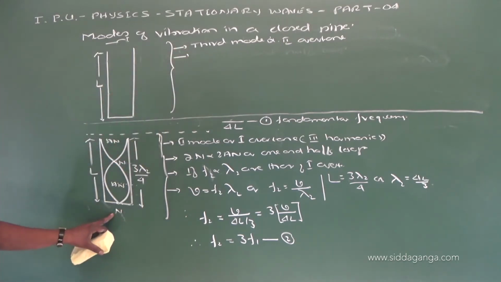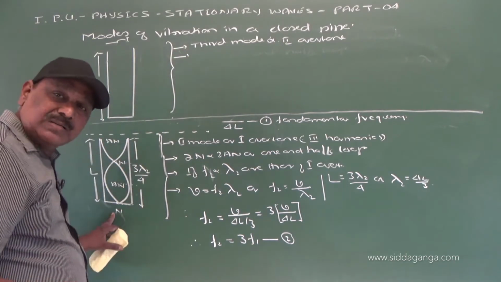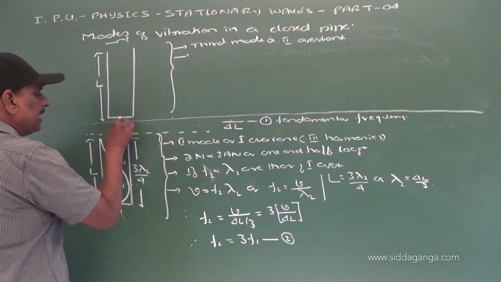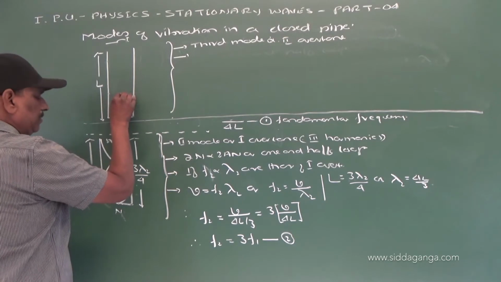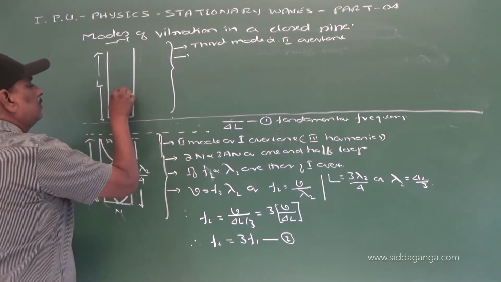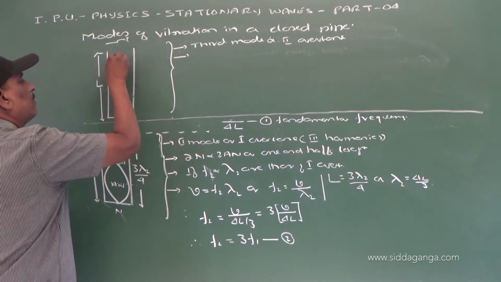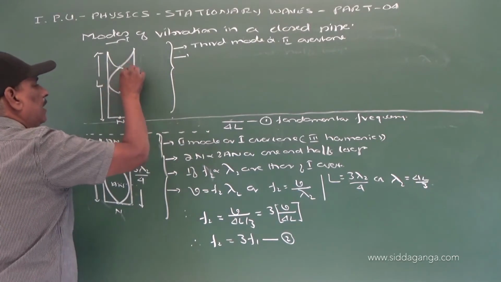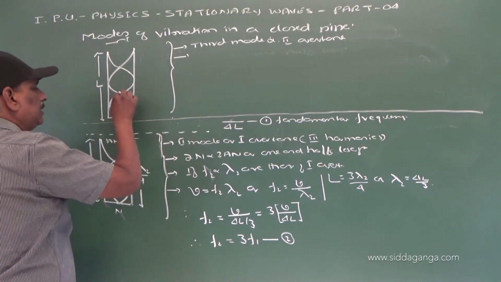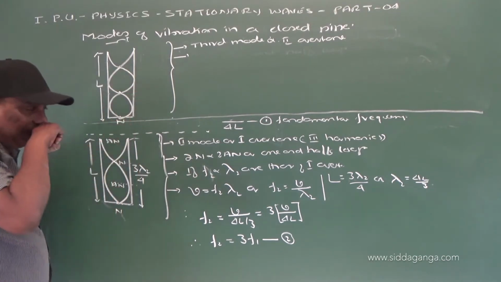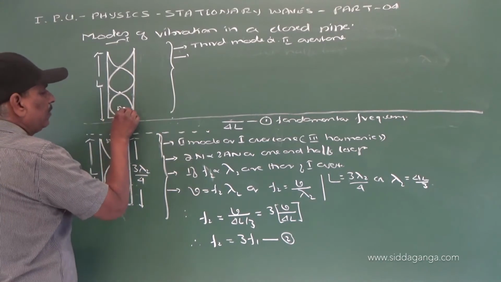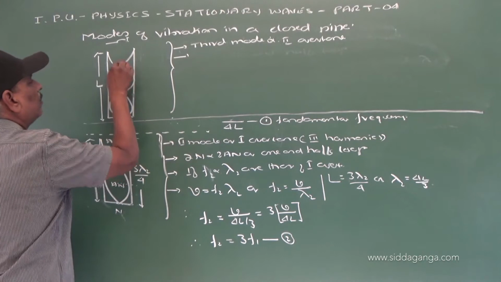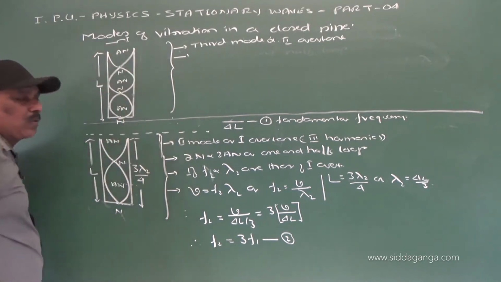That means there will be 3 nodes and 3 antinodes. Now one node is formed here. Now 2 nodes, 3. The pattern will be like that: node, antinode, node, antinode, node and antinode.